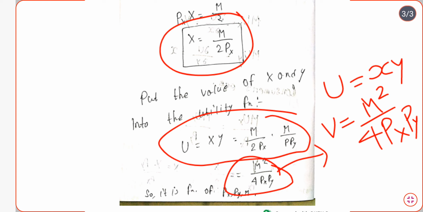So it is the indirect utility function. So I am again stating the definition: the indirect utility function is the function where utility is a function of the price of the commodities and the income of the consumer.